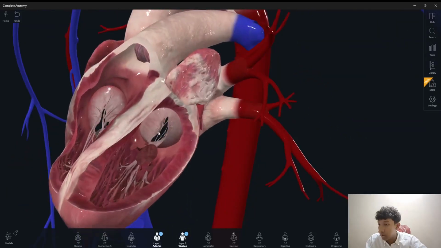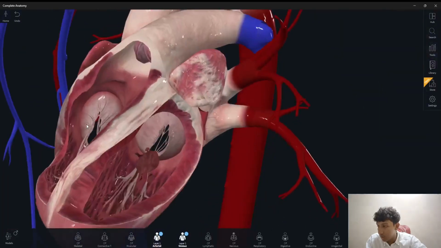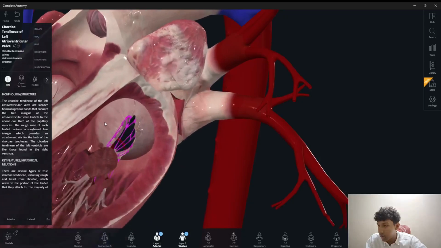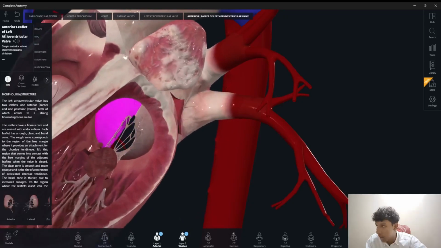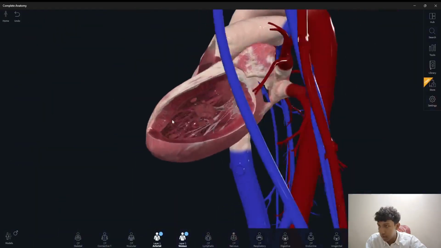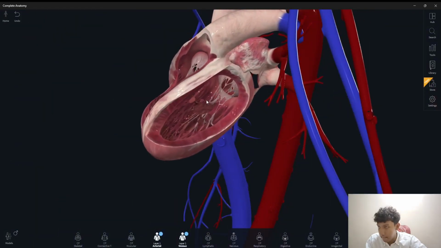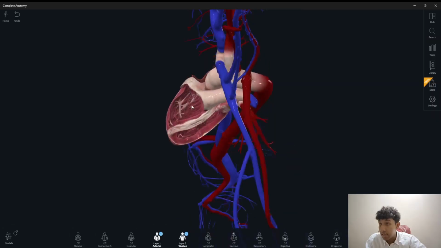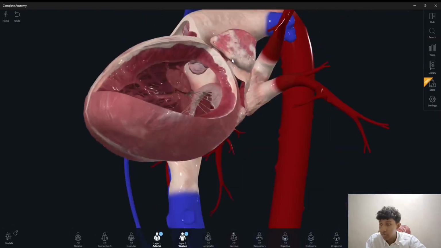In Indonesia, we call it katup bicuspidalis, or here it is mentioned as the atrioventricular valve. So then the blood goes inside the chamber, the sinistra ventricle, and then it travels through this valve here.